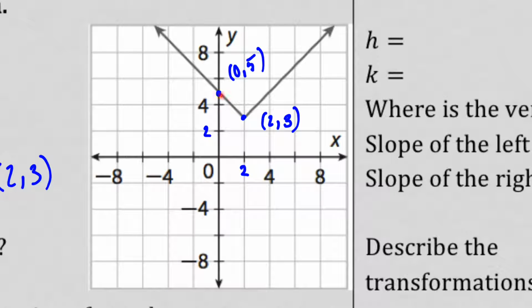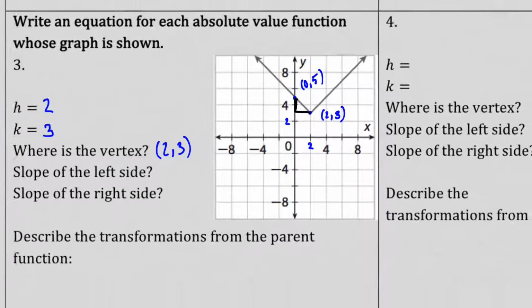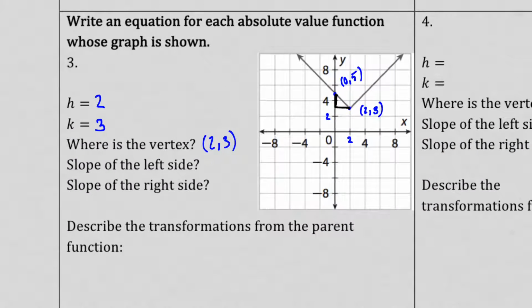From here to here, it looks like it's going to go down 2, right, because this is 1 and this is another 1, that's 2, right also 2, because this is 2 right here. So negative 2 over 2, because it's going down 2 over 2. That means that the slope is negative 2 over 2, which is negative 1.